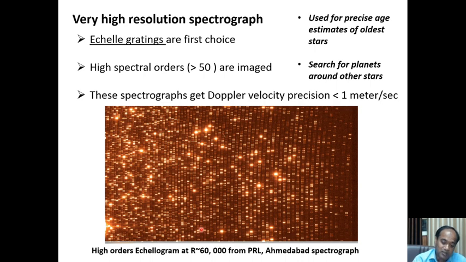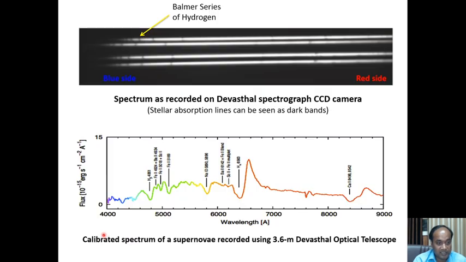But to achieve higher resolution, either you reduce the groove spacing, or you work at very high order, like 50th or 100th order. The echelle grating exploits that property of diffraction gratings, and here a high order echelle spectrogram is shown.